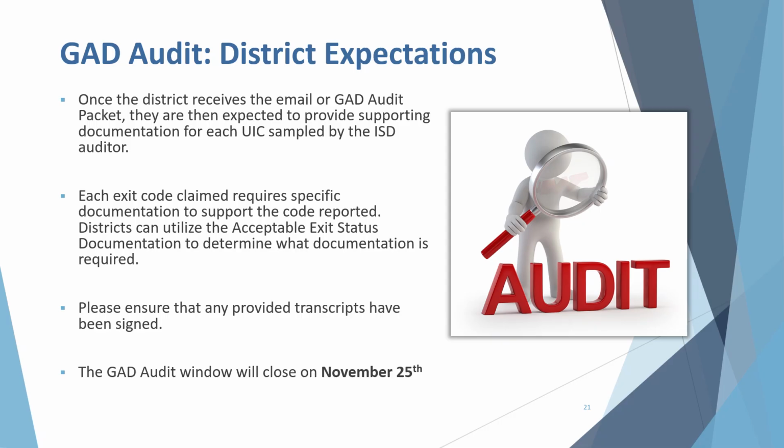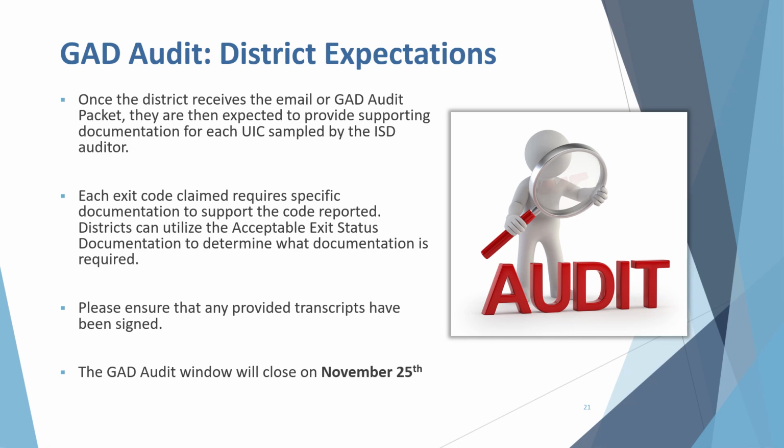The GAD audit district expectations include reviewing the sampled UICs that are provided from the ISD auditor, and then pulling the documentation they have on record and giving it to the auditor to explain why they submitted the exit codes they submitted.